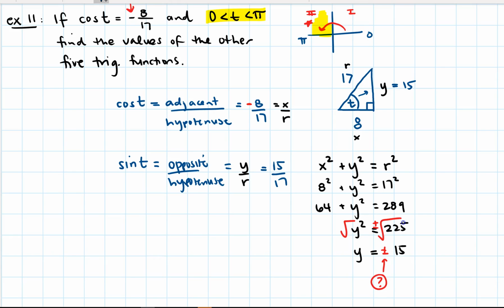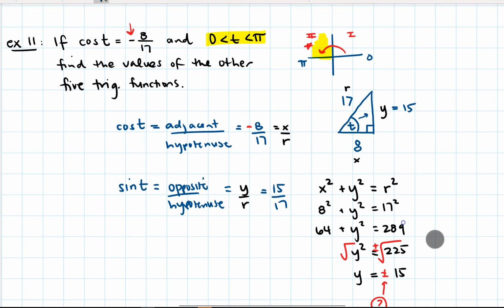Now, if you want to figure out, should I have a positive or negative sign? r is always going to be positive because it is the radius of the circle. The x or y values could be positive or negative. But let's look at where we're located again.